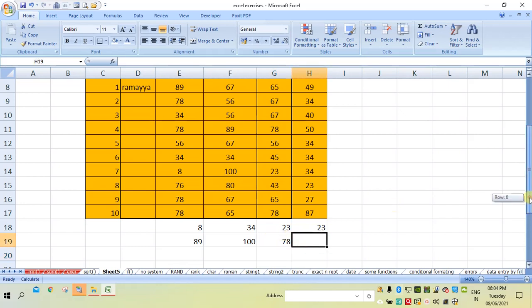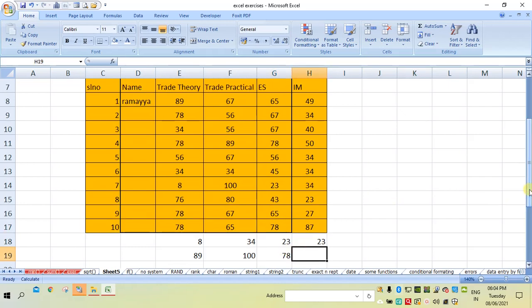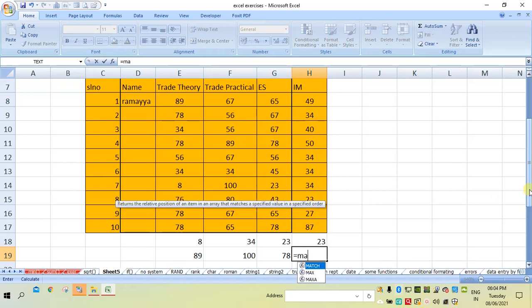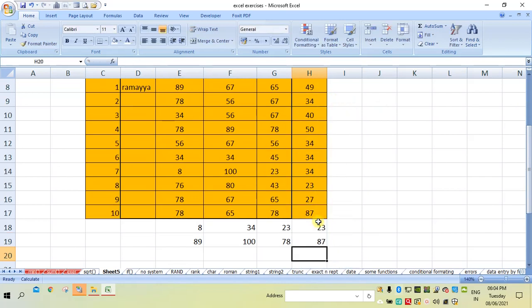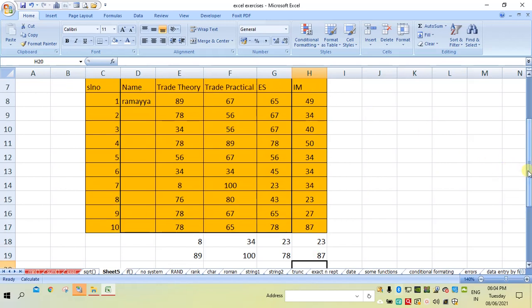Next is internal marks: equal to MAX in brackets, select this. So the maximum marks obtained in internal marks is 87. In this way we can use the minimum as well as maximum functions.